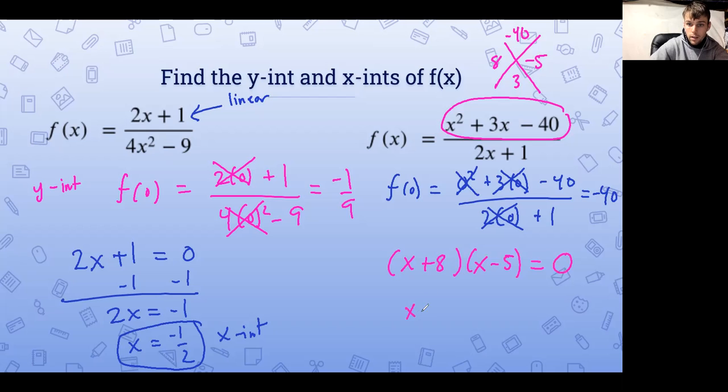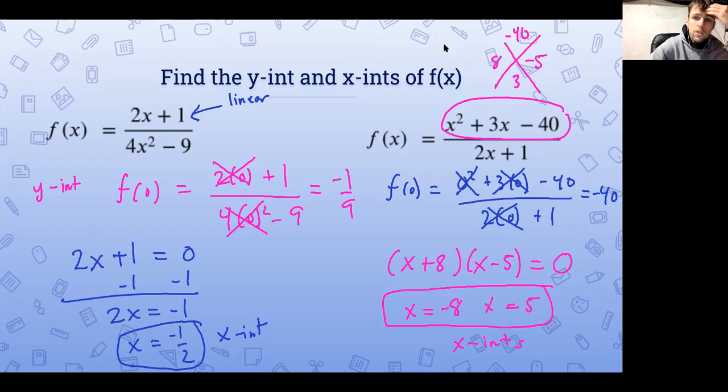Well, x equals -8, x equals +5. These are our two x-intercepts for this one. It's not too difficult. We've done a lot of work in this class, and you probably did last year, in solving different polynomials. So hopefully this part is not too troublesome right now.